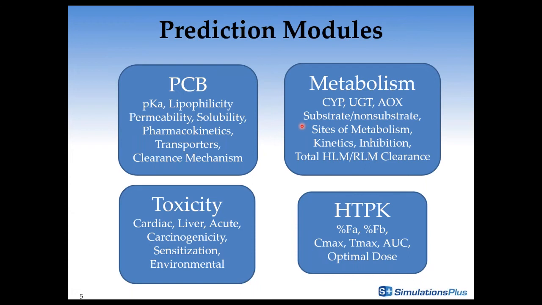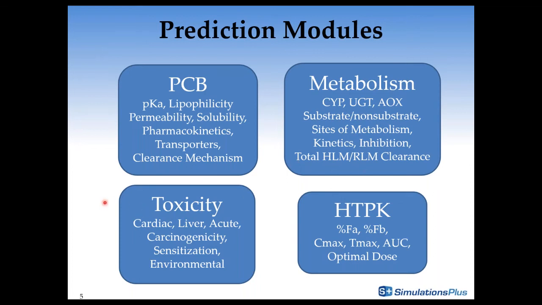So those predict where on a compound metabolism is likely to occur. For the 5 major CYPs, we have kinetic models that predict Km, Vmax, and intrinsic clearance. For those same 5 major CYPs, we have inhibition models. And then finally, we have 2 models for total liver microsome clearance, a human model and a rat model.